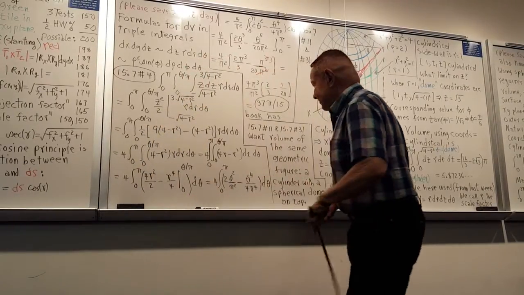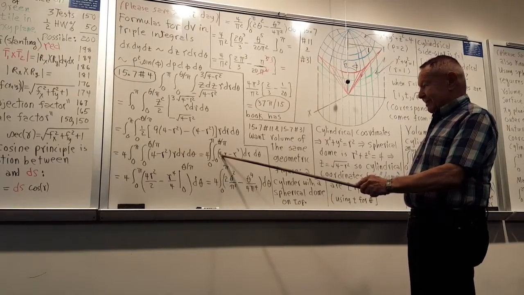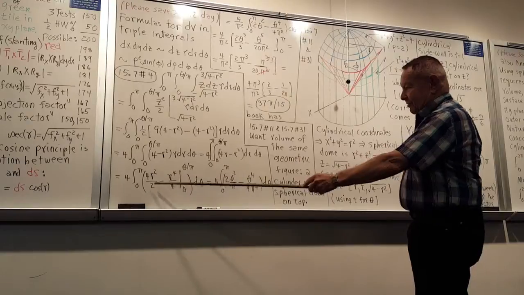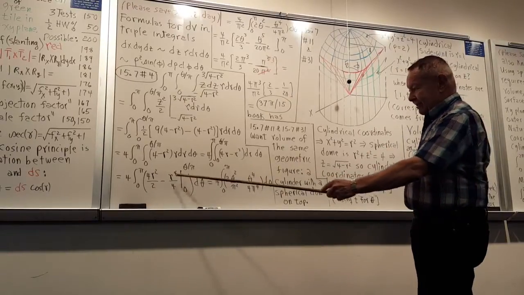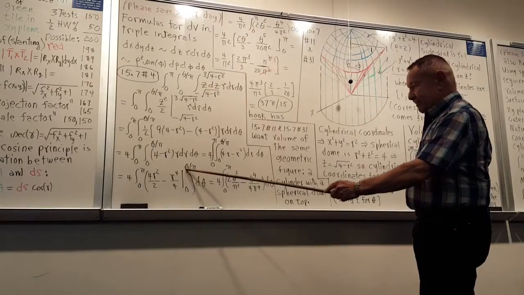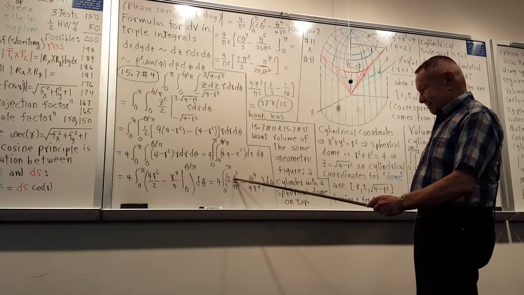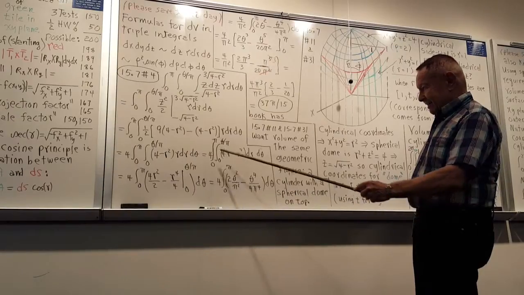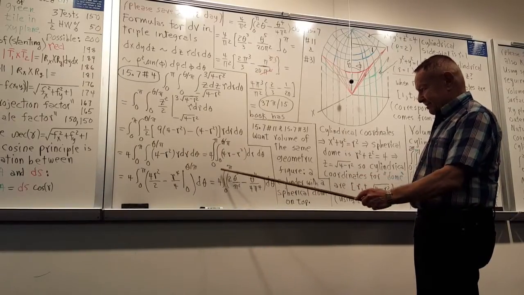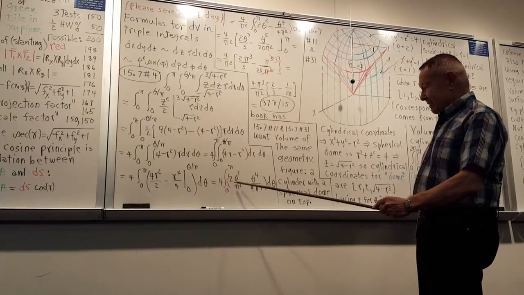Okay, like that. So now I'm integrating this, so I get the 4r squared over 2 minus r fourth over 4 between my limits, and put in the limits, and that gets me to this. Then I'm doing this integral, 0 to pi, and the 4 is still out here.